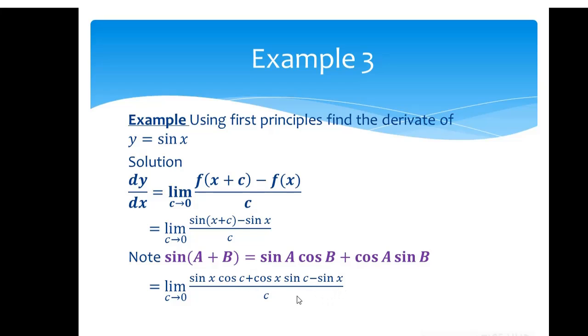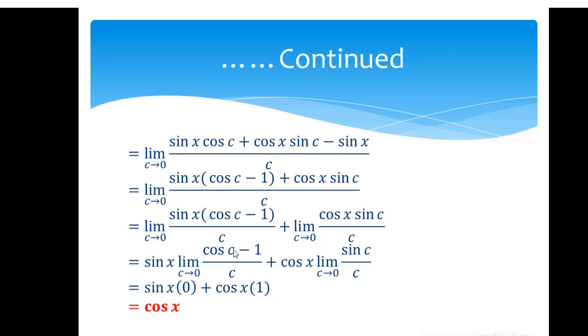And from there, I can factor out sine x. If I factor out sine x, I will get sine x open bracket cos c minus 1, plus cos x sine c, divided by c. Now I can split this into two fractions.